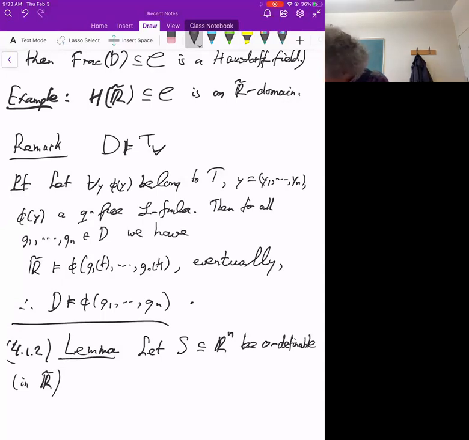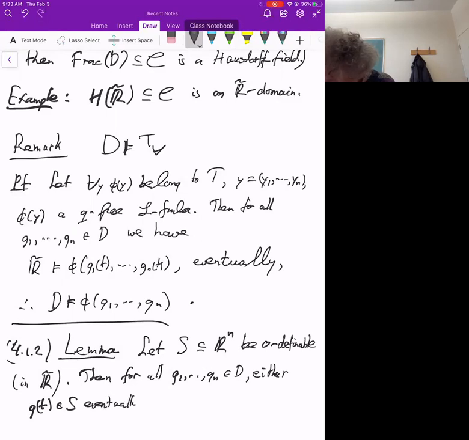And so then for all g1 up to gn in D, either g(t) will be in S eventually, or g(t) will be outside of S eventually.